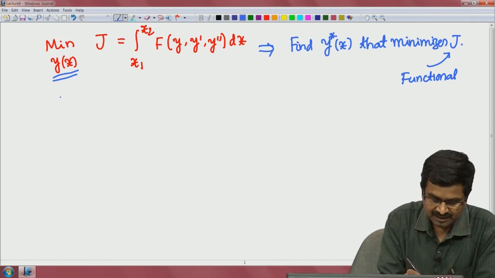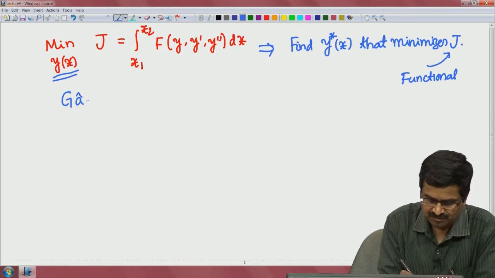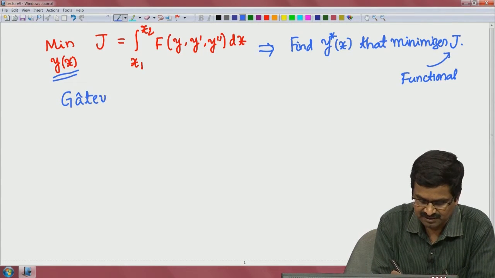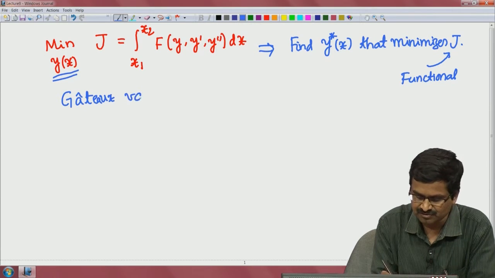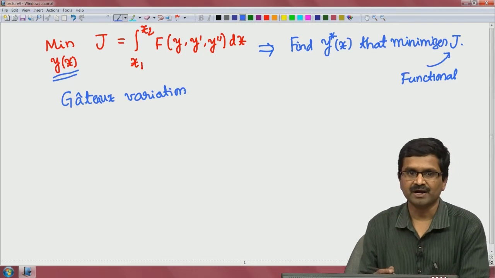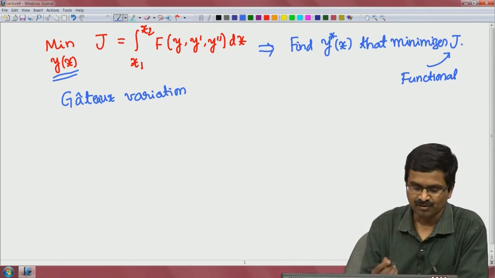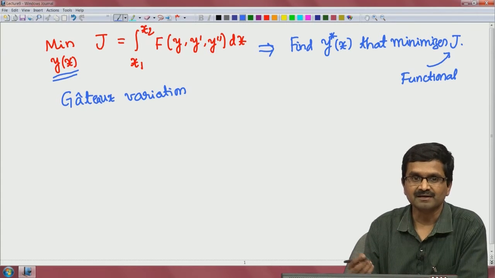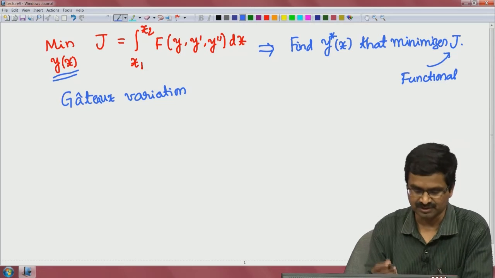So, in order to take that Gateaux variation, what we defined in the last class, if you recall, we had a limit definition and also we had a normal calculus based definition. The latter is useful for us to do the calculation.